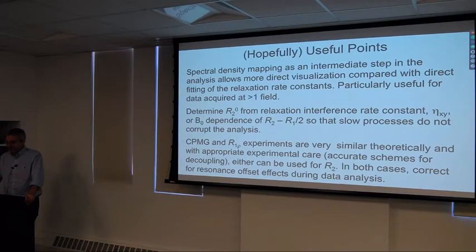I would say the jury is somewhat out about which one is best if you just want to measure R2. With care, they're both accurate. The field will probably switch more towards R1-rho experiments, but that's my guess.